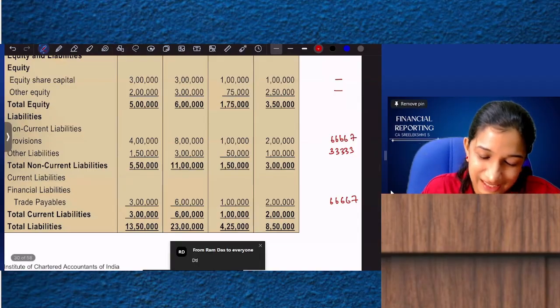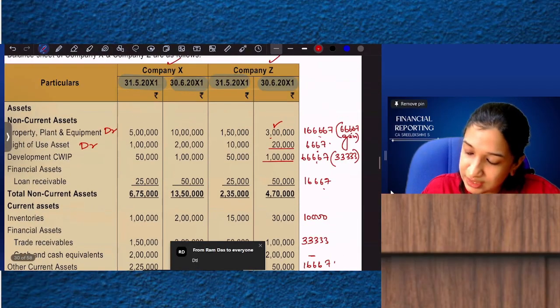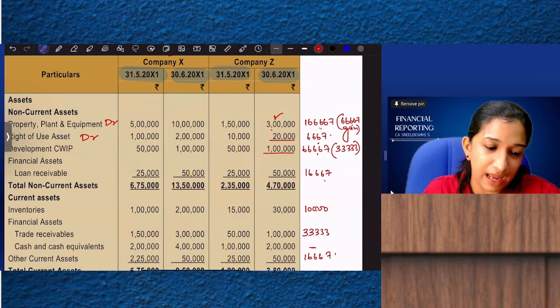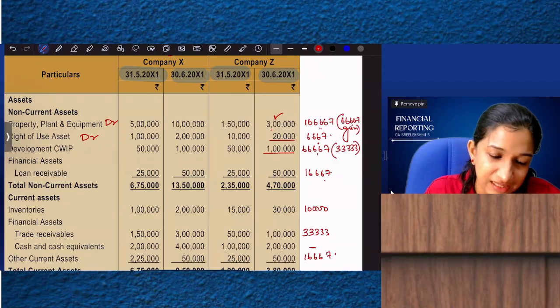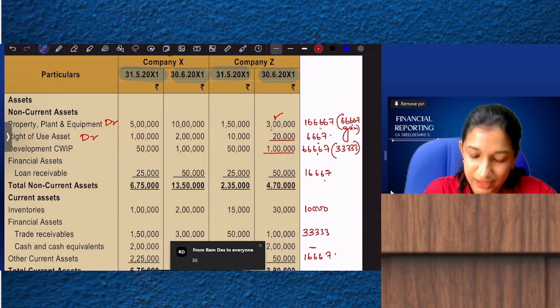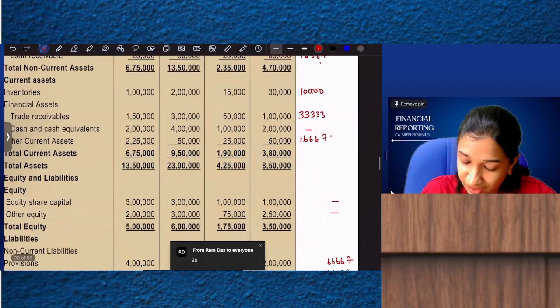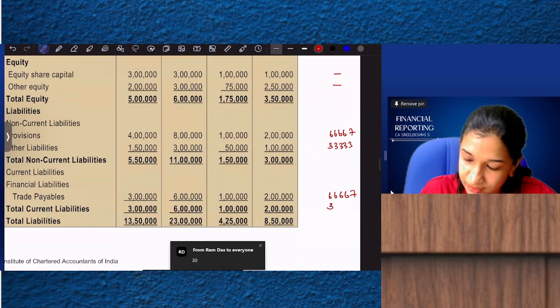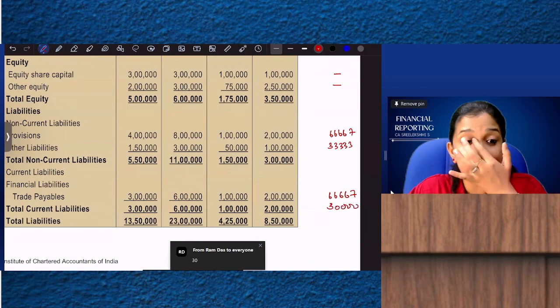How much is DTL? My share is 66,667 plus 33,333, 1 lakh. And what is the tax rate given? 30%. So to DTL 30,000.